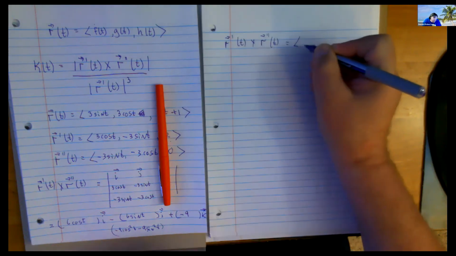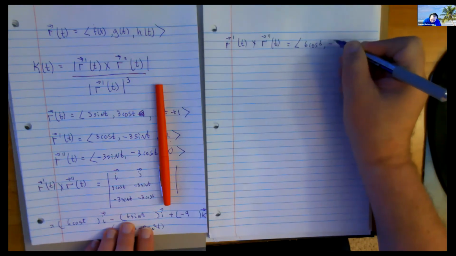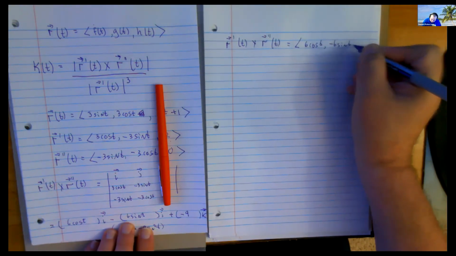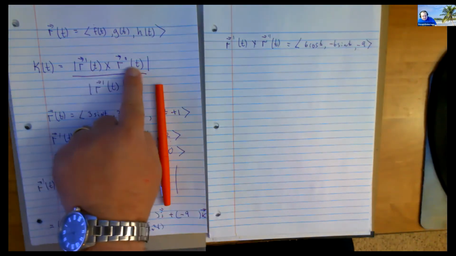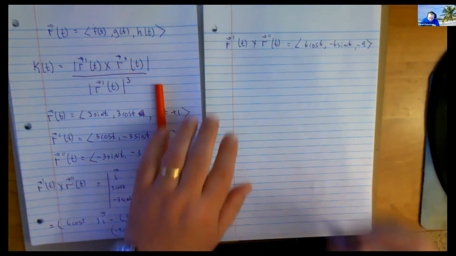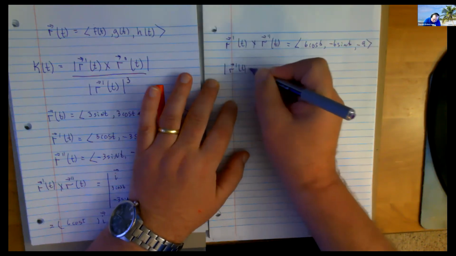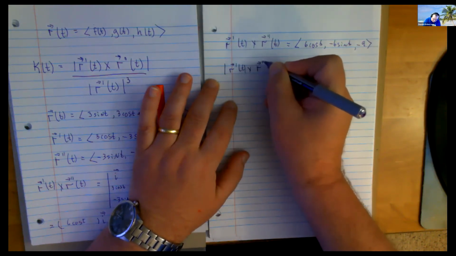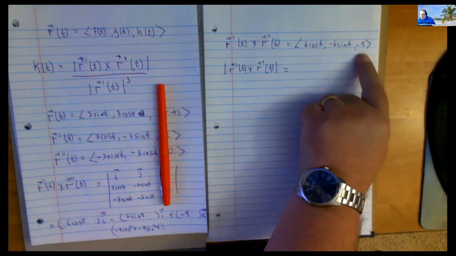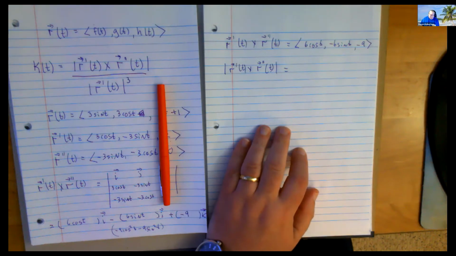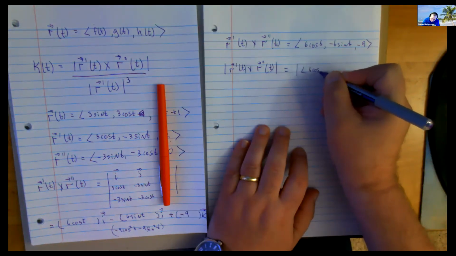Now that fella there, I'll put him up here. It ends up being 6 cosines, -6 sines, -9. So that's this piece done. What we now have to do is find the magnitude of this vector.